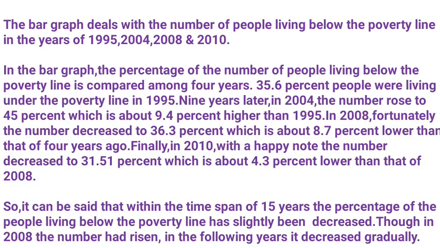So the bar graph deals with the number of people living below the poverty line in the years 1995, 2004, 2008 and 2010. If I explain this line, then we can see that a survey has recently been conducted on the number of people living below the poverty line in 1995, 2004, 2008 and 2010.